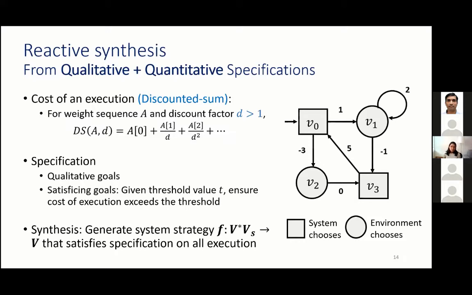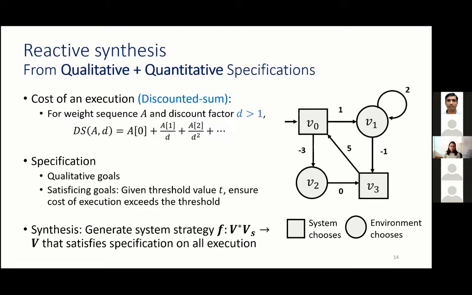Now, in this case, given such a game, the specification is a combination of a qualitative goal and a quantitative goal. The qualitative goal is as earlier. It could be a reachability objective, safety objective, LTL, regular expression, and so on and so forth. The quantitative goal in our case are called satisficing goals. And what the satisficing goal says is, given a threshold value T, can you ensure that the cost of every execution exceeds the threshold?